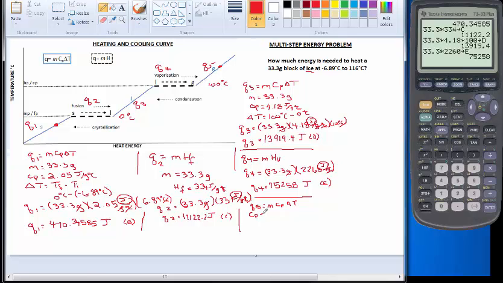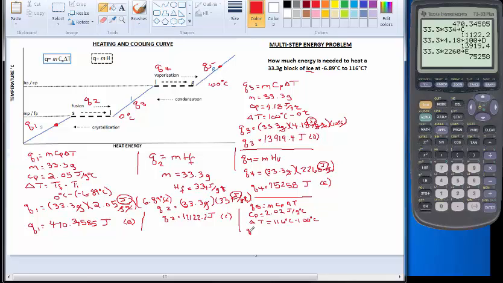Our specific heat of water when it is in our gas form, according to our reference table, is 2.02 joules per gram degree Celsius. And our change in temperature, our final temperature, is going to be 116 degrees Celsius. And our initial temperature for this portion of the graph only is going to be 100 degrees Celsius.